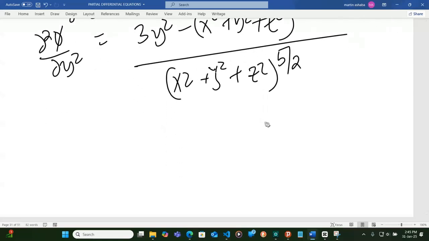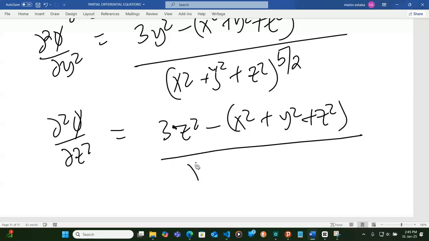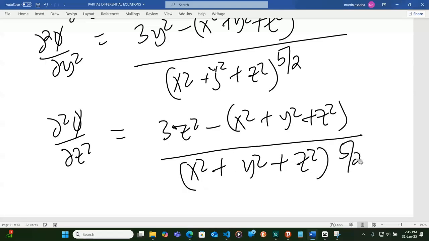Similarly for z, del 2 phi by del z squared will be 3z squared minus (x squared plus y squared plus z squared), everything again divided by (x squared plus y squared plus z squared) to the power 5 over 2.